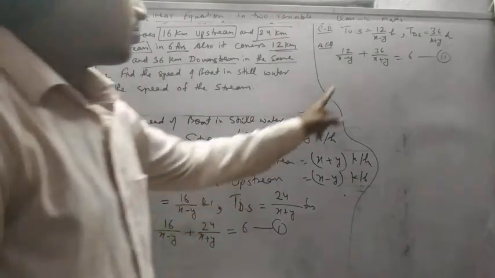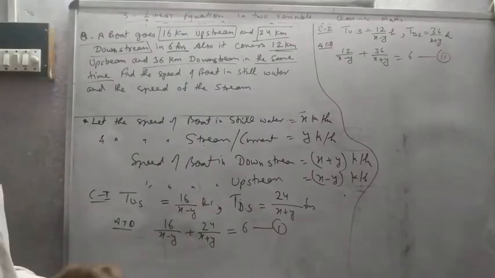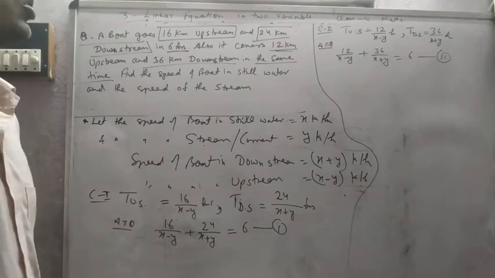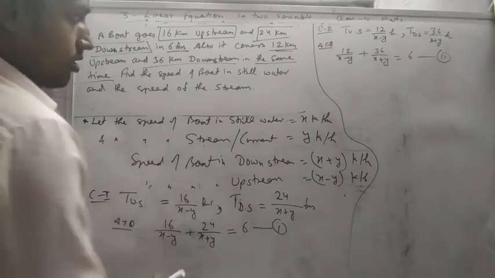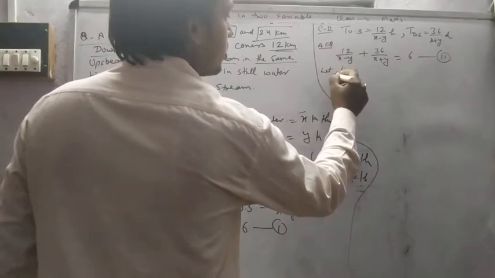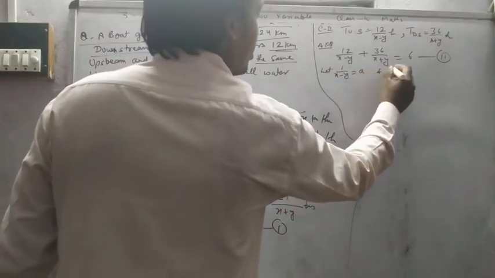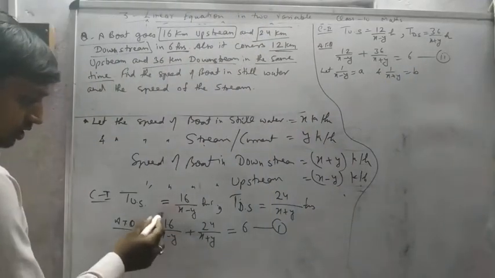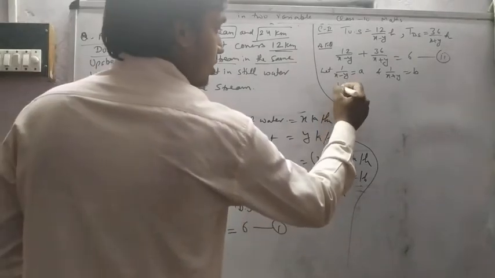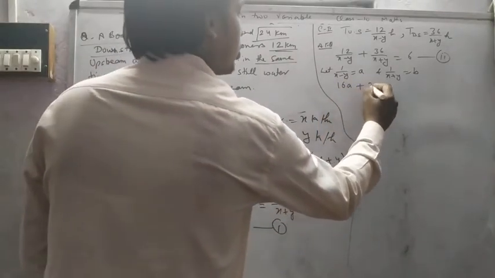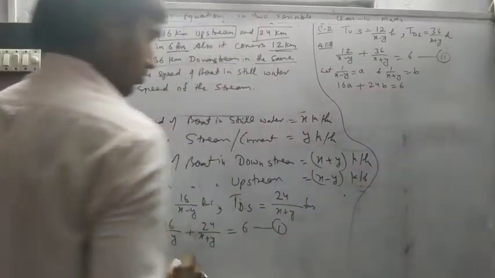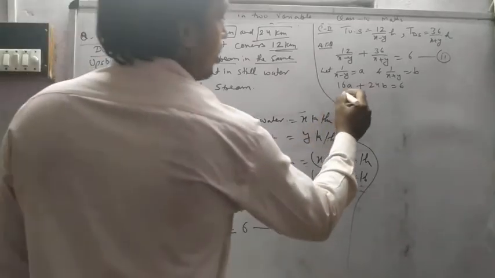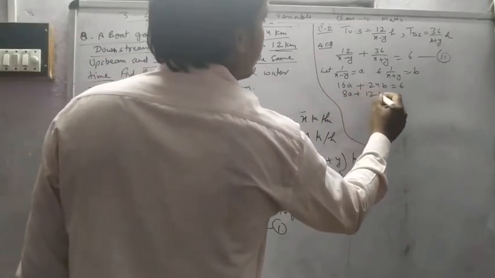Now you can solve both equations, you get the value of x and y, but it is in a fractional form. So fractional form questions you have to solve by supposing, let 1 upon x minus y is equal to a, 1 upon x plus y is equal to b. Then 16 upon x minus y means 16a plus 24b is equal to 6. You have to simplify: 8a plus 12b is equal to 3.